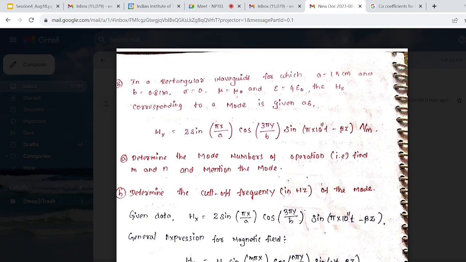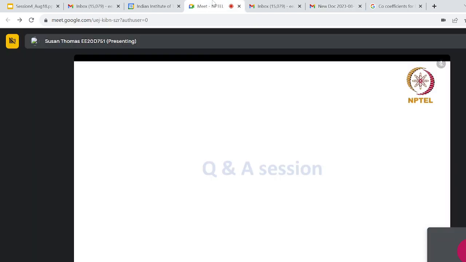Ma'am, there is a question in which the length of the transmission line is lambda by 8 and the load is complex. And for the matching of this, there is an impedance jX connected in series.